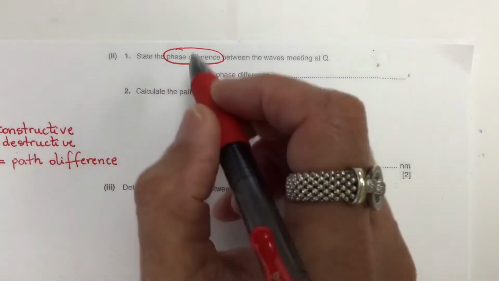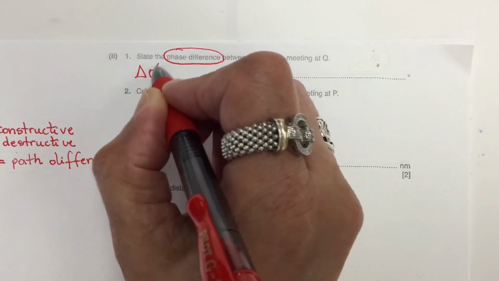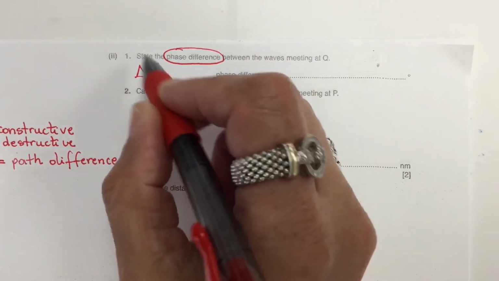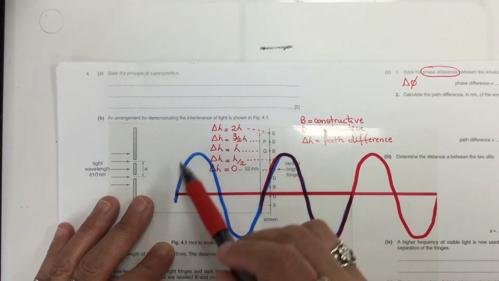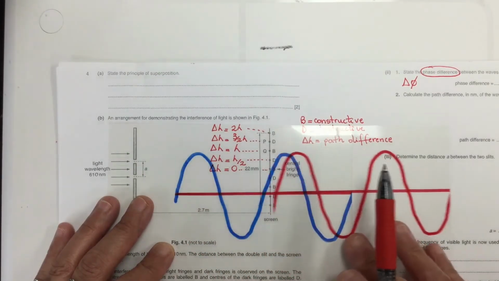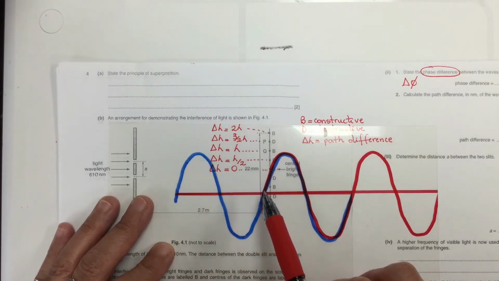So the phase difference is represented by the change in the angle between both waves. At Q, the path difference between both waves is 1 complete wavelength.